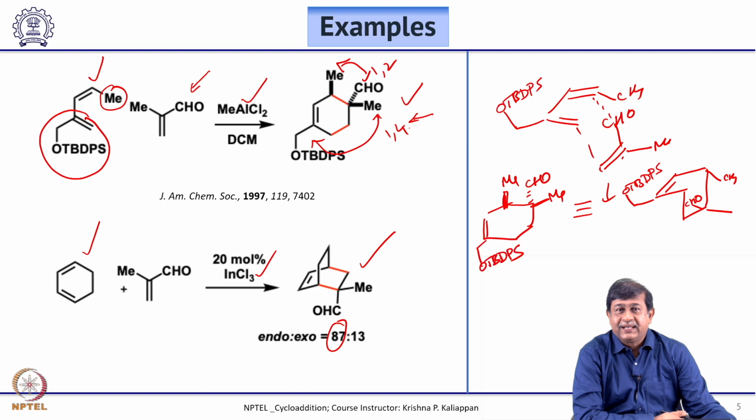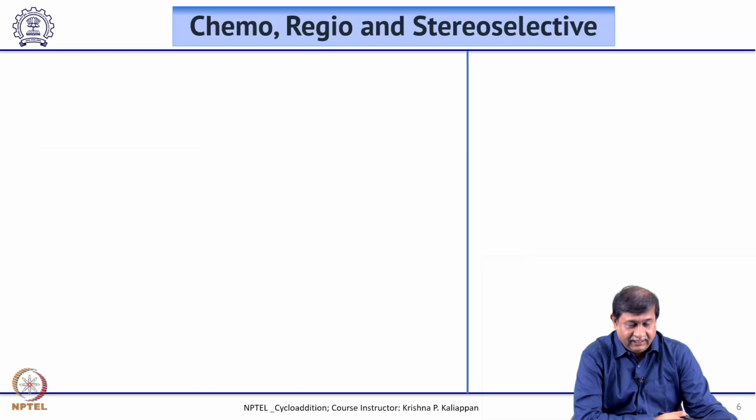So the use of Lewis acid really helps in fixing the regioselectivity, and whether it can do further.